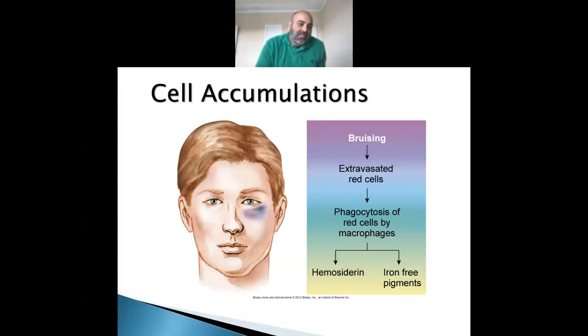All right, cell accumulations. We talked about this in the last section. As we destroy the cells or they escape the blood vessels, they're destroyed and we release hemosiderin, iron, and other pigments. And so we see over time the change in color. Bruising is when the blood is starting to come out, and it shifts in color to yellow.